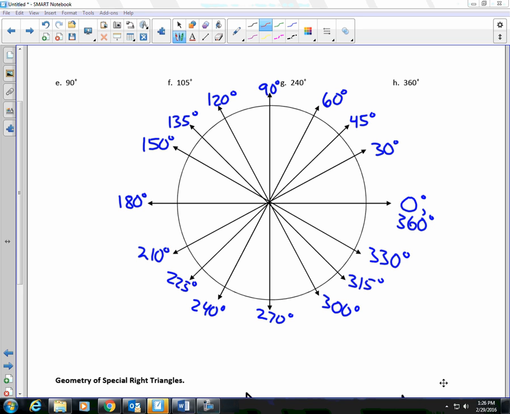I'm going to start with a basic one right here. 180 degrees is the same as how many radians? Pi radians. So kind of like 2.2 pounds is the same as 1 kilogram. 3.14 radians is the same as 180 degrees.